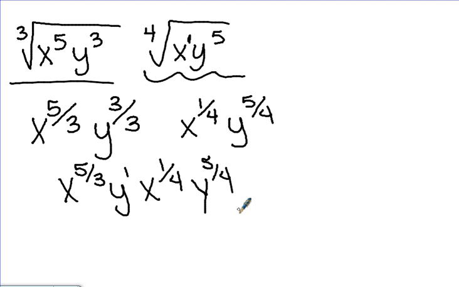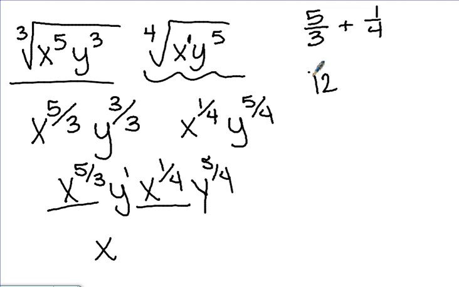we want to go ahead and combine like terms with like bases. So one of the like bases is x to x. So we're going to add our exponents. So we have 5/3 plus 1/4. When we add 5/3 and 1/4, the common denominator between the two would be 12. So this is going to be 20/12 plus 3/12, which is 23/12.